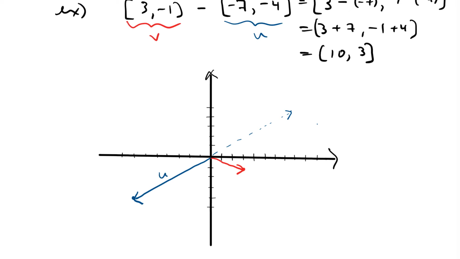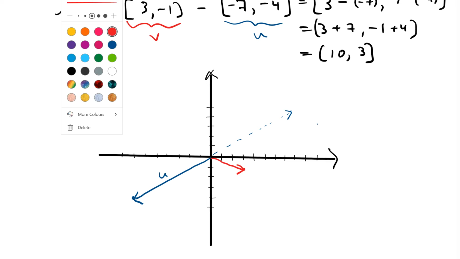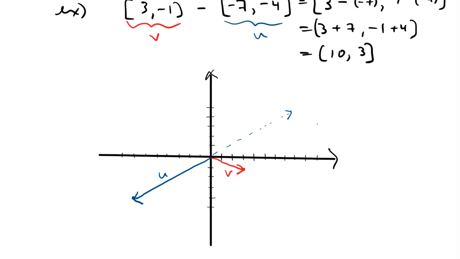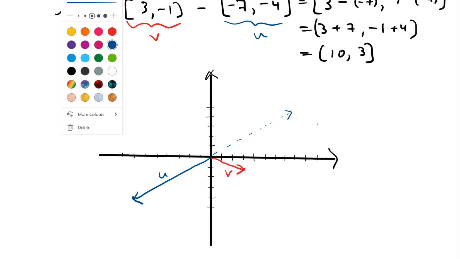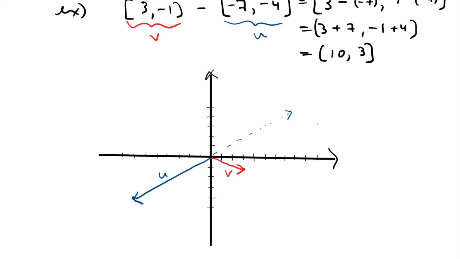So u is right there, and v right here. If I want to do v minus u, it's the same thing as doing v plus the opposite of u. The opposite of u is the dashed vector here. This is minus u. So when I'm taking the difference, I'm adding the vector v and the vector minus u.